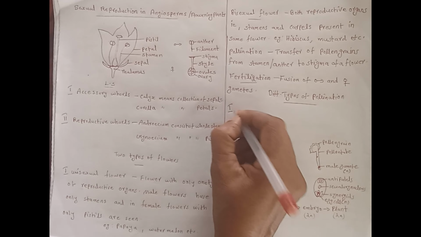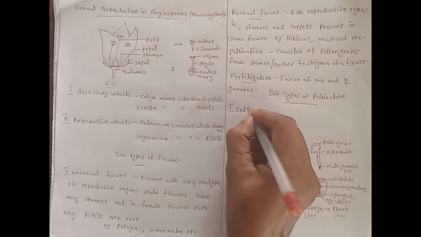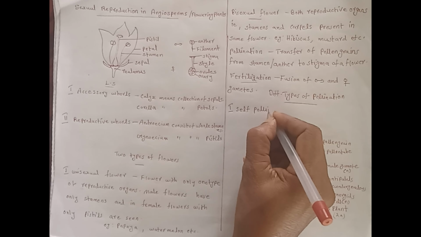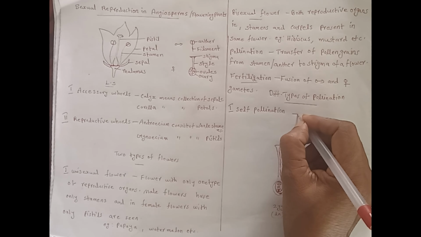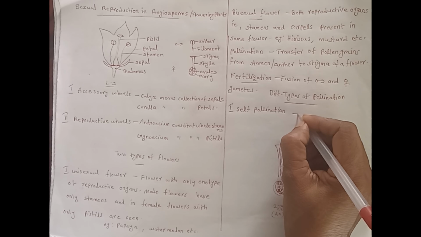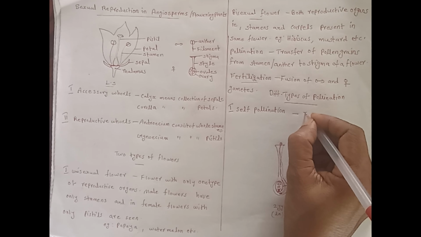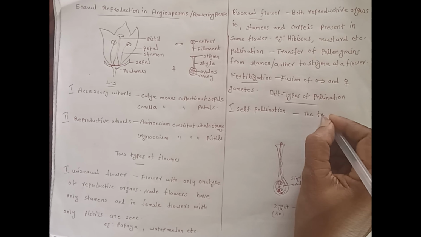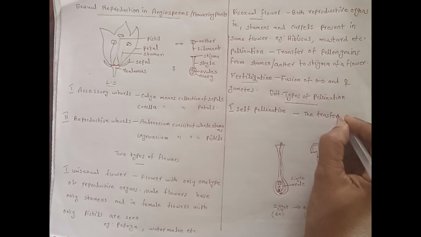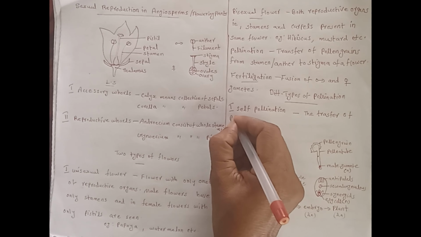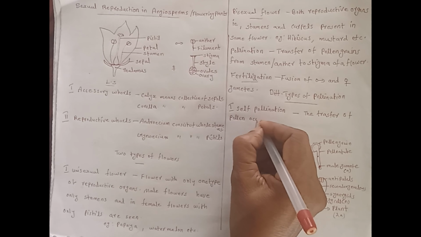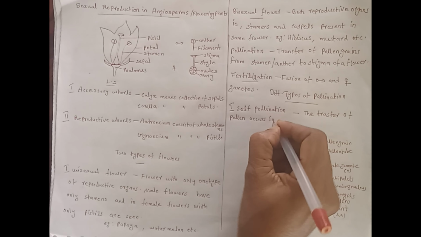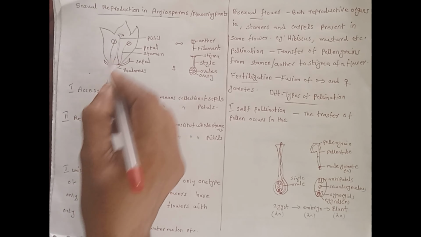Self-pollination means the transfer of pollen grain occurs in the same flower.